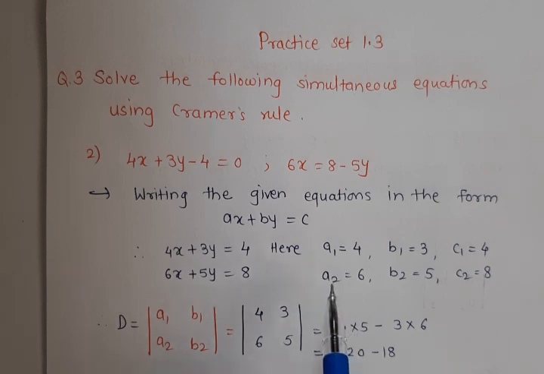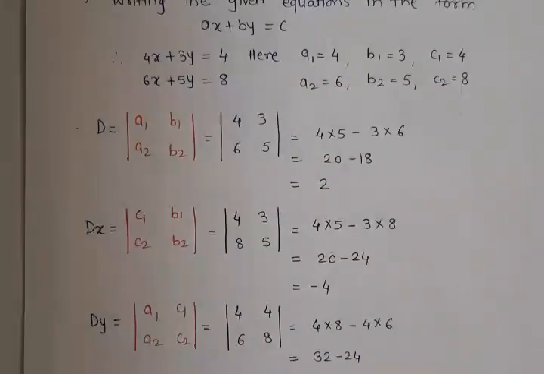After comparing these equations with ax plus by equals c, we get a1 equals 4, b1 equals 3, c1 equals 4. Similarly, a2 equals 6, b2 equals 5, c2 equals 8. Now we have to find the values of the determinants.